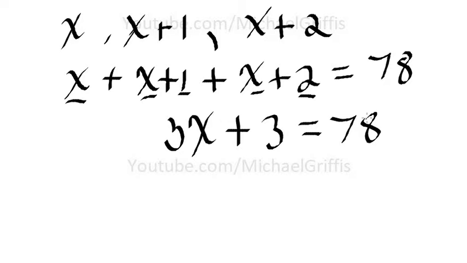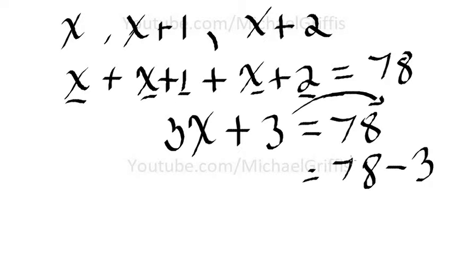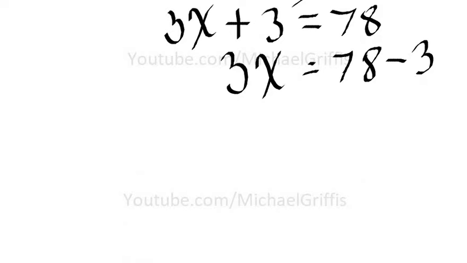So go ahead and take this constant over to the right hand side first. Or you could say we're subtracting 3 from both sides. So we have 78 minus 3, and of course 78 minus 3 is 75.